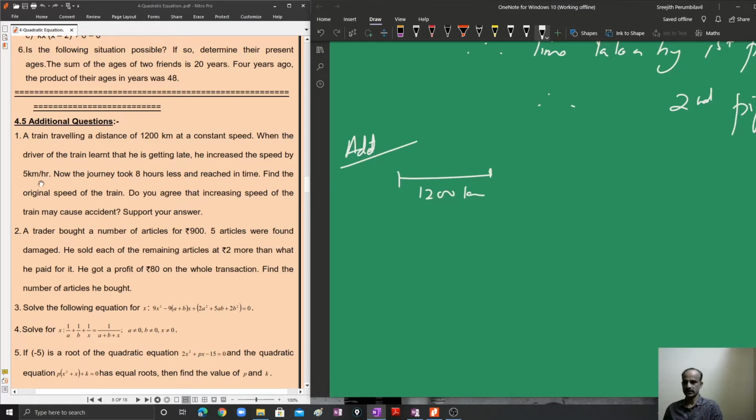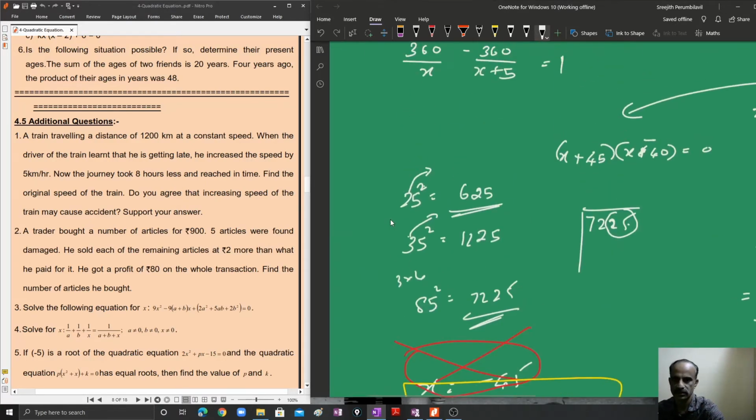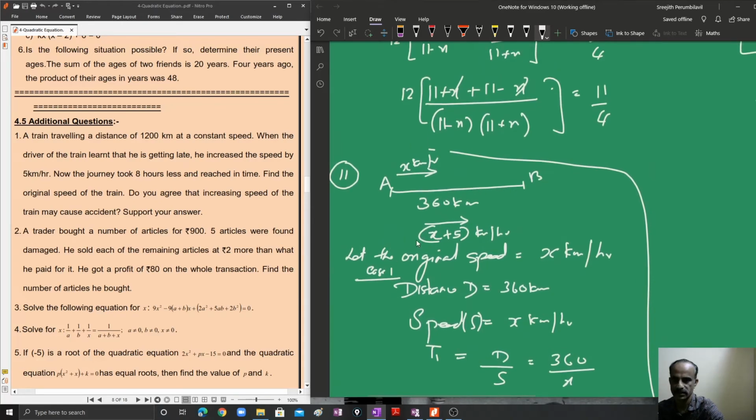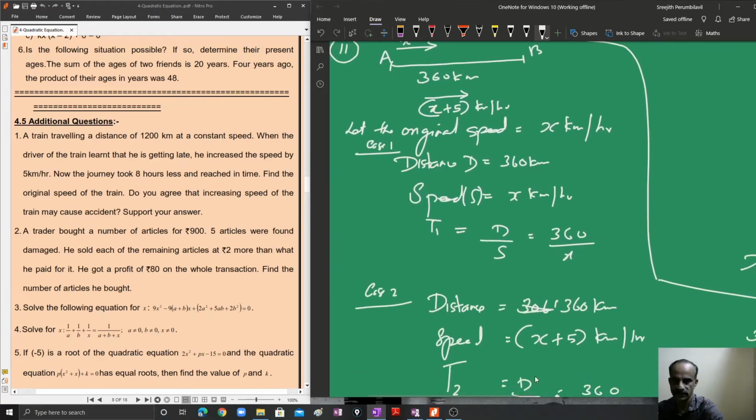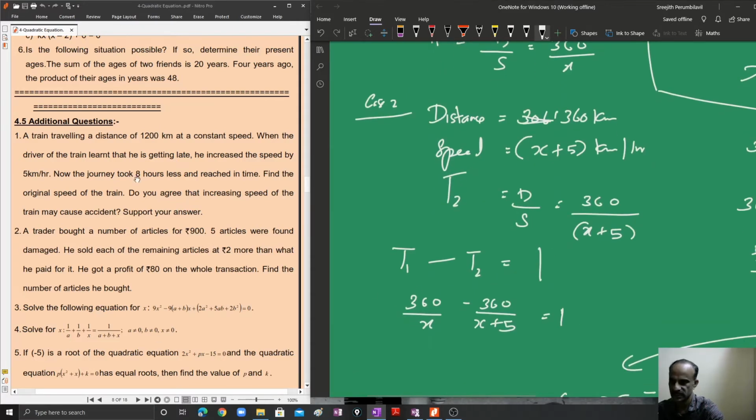So the first case will be x. The increased speed, the new speed, will be x plus 5. Now the journey took 8 hours less. So find the time in the first case, find the time in the second case, and take the difference, which is equal to, instead of 1 hour, 8 hours.